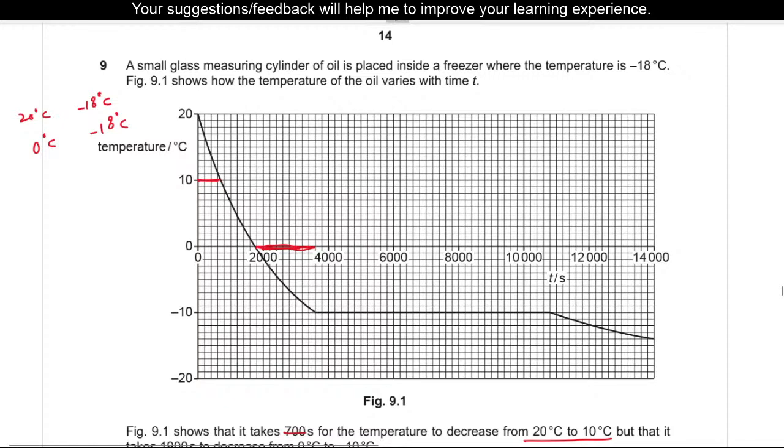I am waiting for your answer. What would be the melting point of the oil?